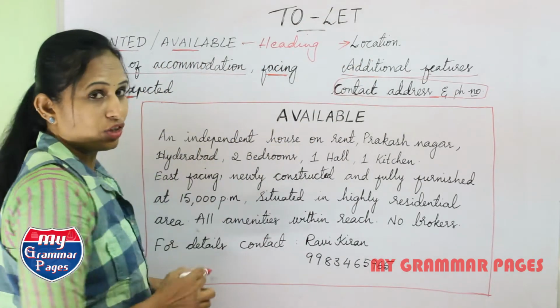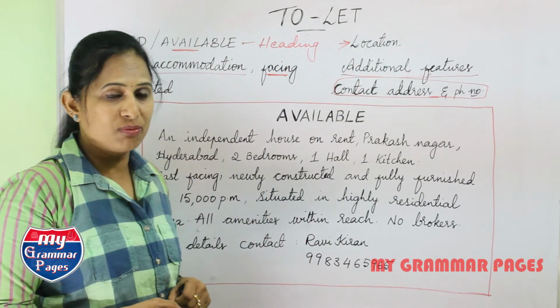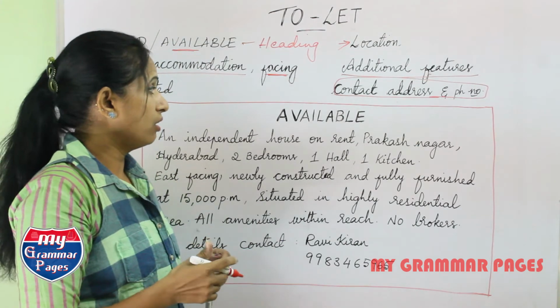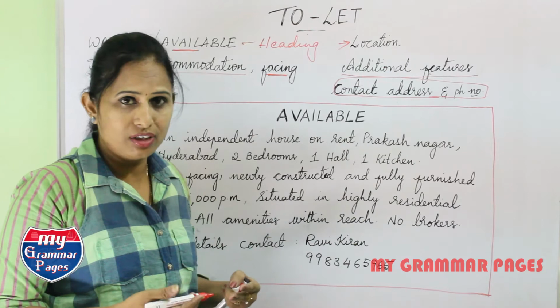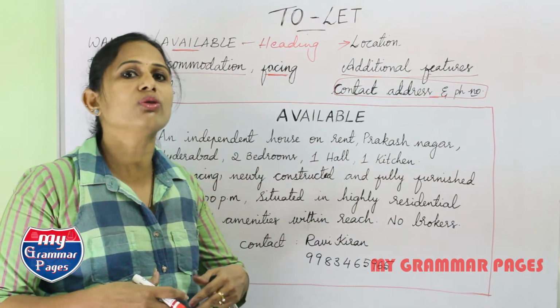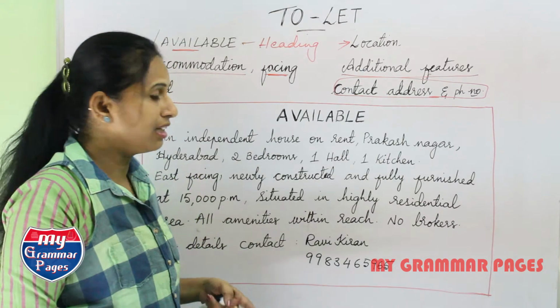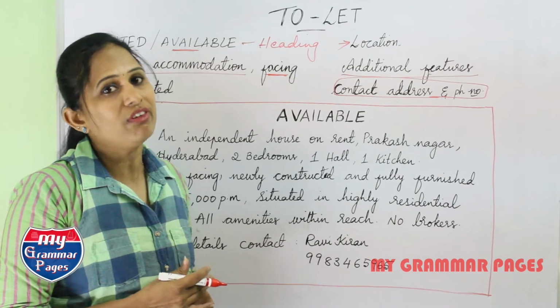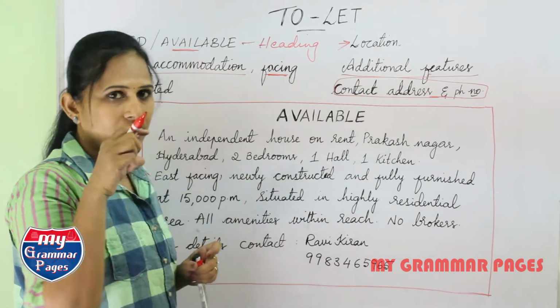These are all the features, and in the examination, my dear children, you will be given a small thing like you have a commercial space or a house or an independent house that you want to let, and based upon that, following all the features, you need to give a to-let ad in the classified place.